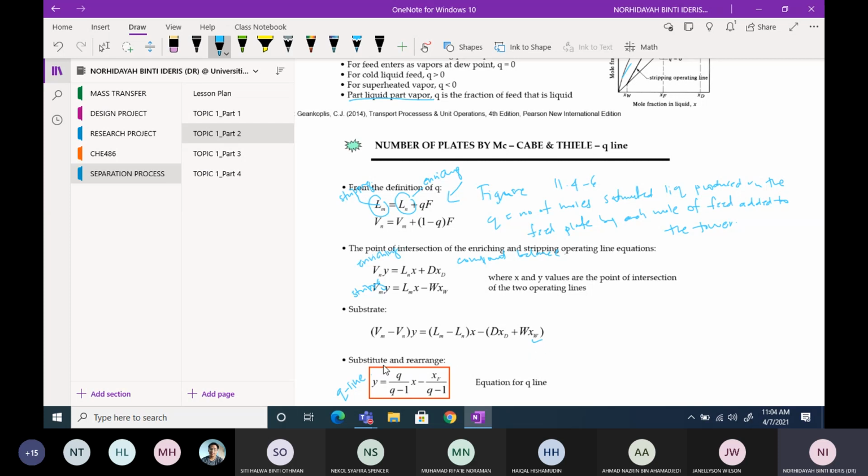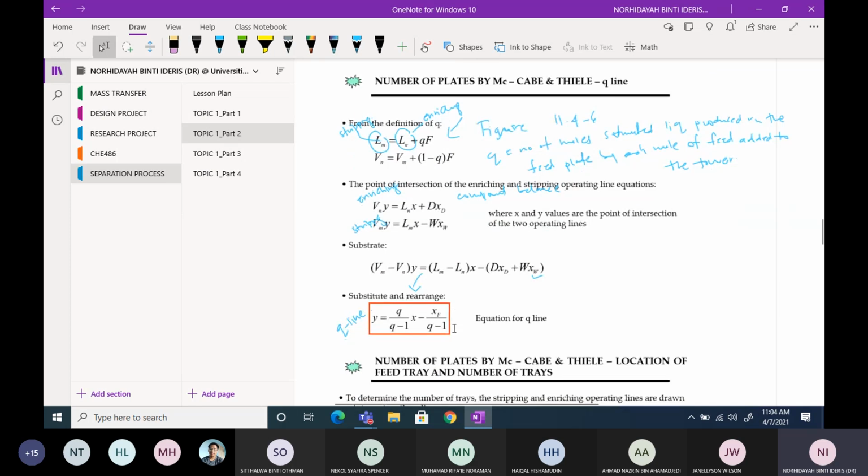Okay, so how actually will this equation change into this? All right, I think anyone you try lah buat sendiri ya, but you can see here, for example, Vm minus Vn is equal to Q minus 1 F. So this one you replace by the Q minus 1 F, for example, multiply by Y, and then you know that Lm minus Ln here is equal to Qf.